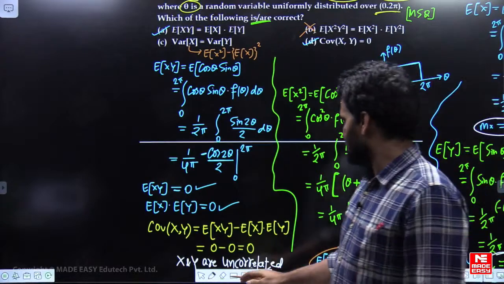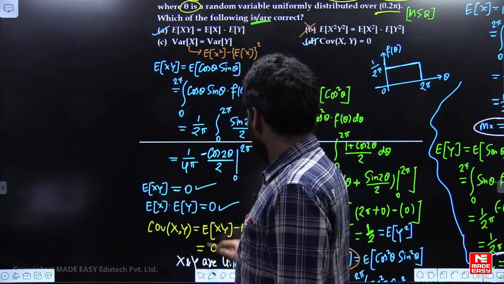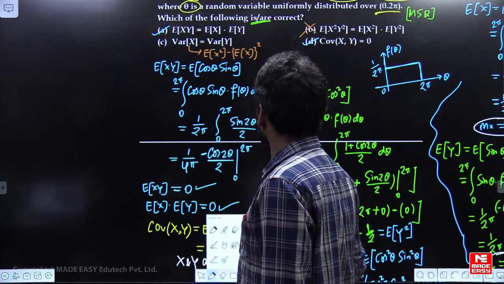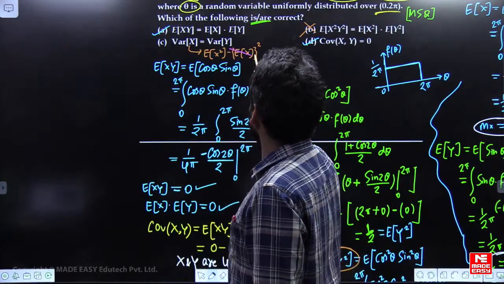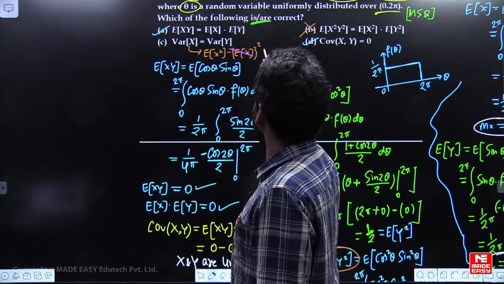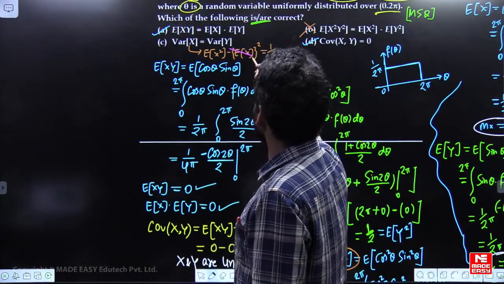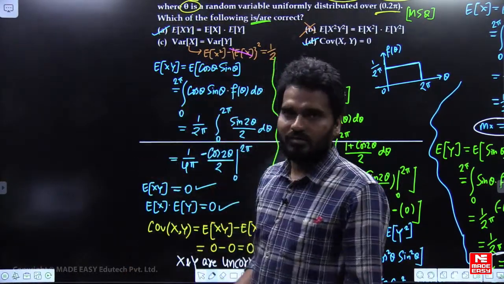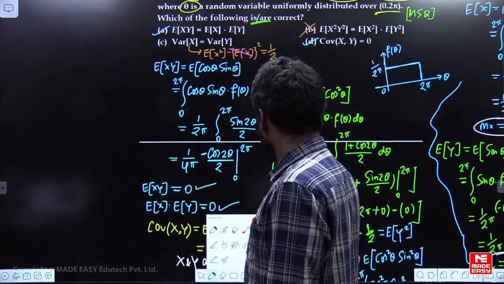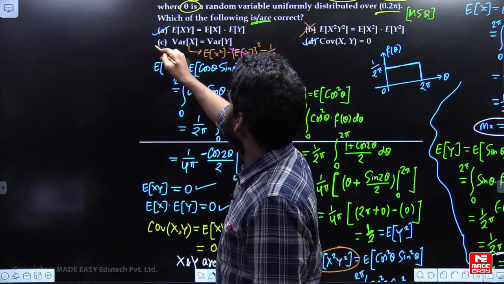And expectation of x is 0, we got. The mean is 0, and mean 0 means the mean square value equals the variance. So the variance of x is 1 by 2, and the variance of y you will also get 1 by 2. So option C is correct.